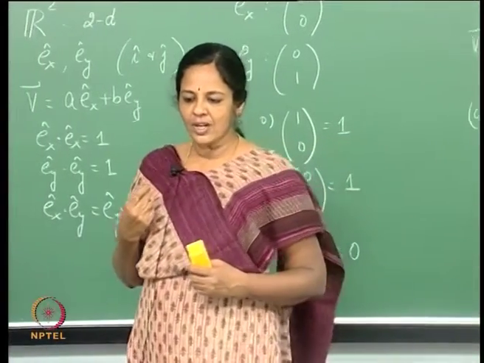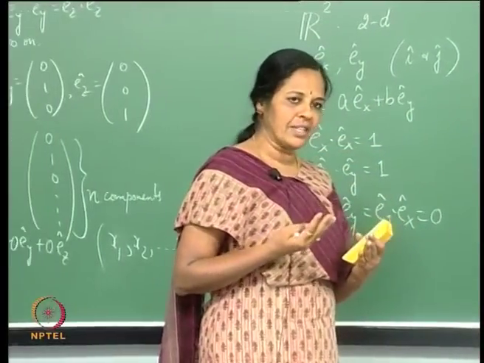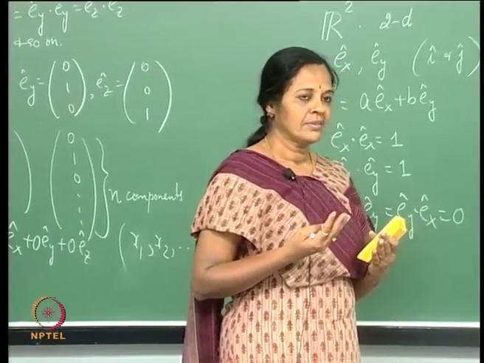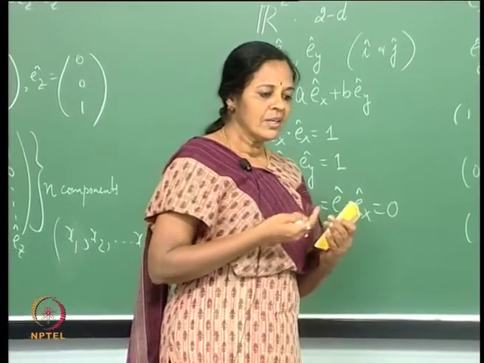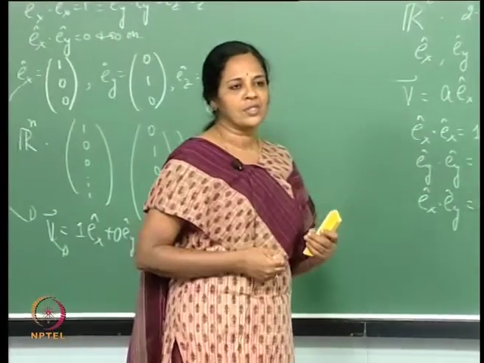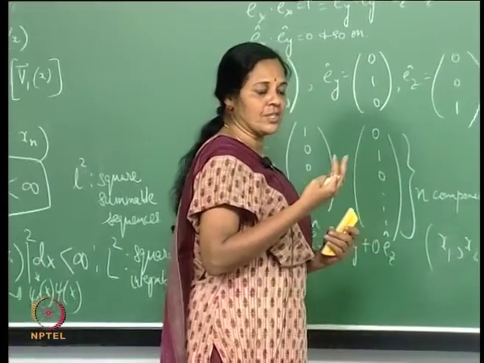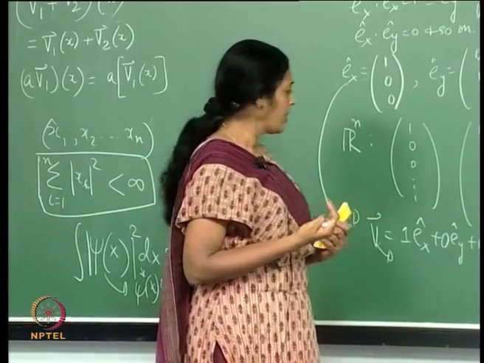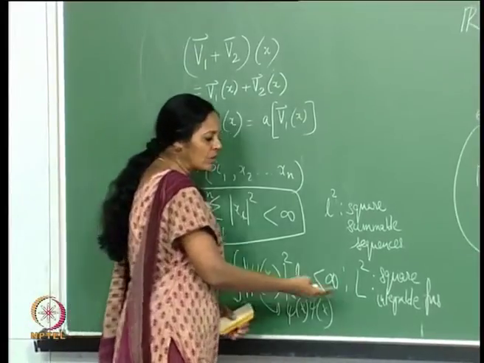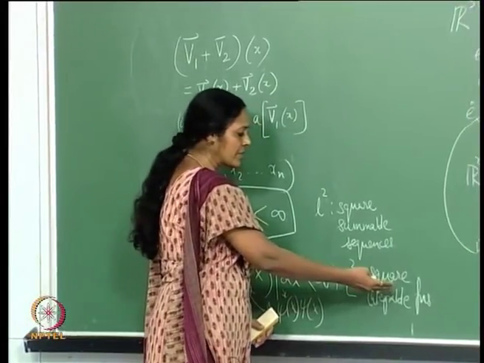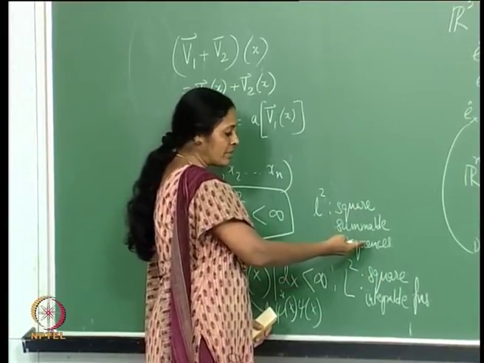So the first thing one understands is this, that a state in a linear vector space need not be a column, it need not be a set of n-tuples of real entries. It could be one of a variety of things. That particular linear vector space that we consider could even be a function space. In particular, it could be the space of square integrable functions, or it could be a space of square summable sequences.